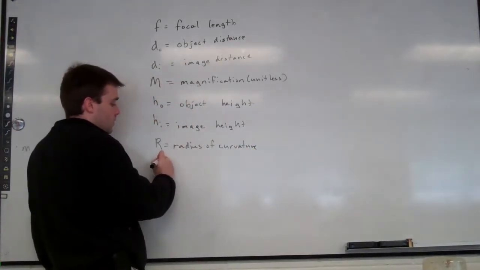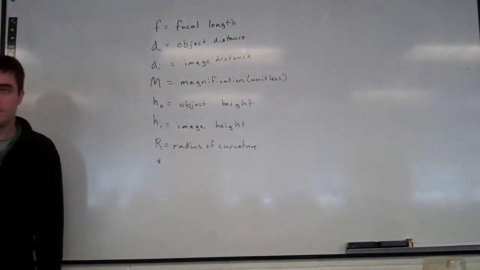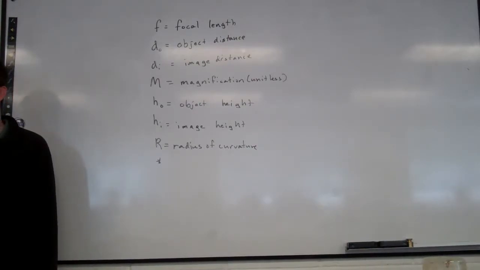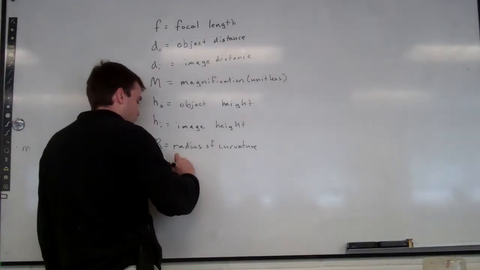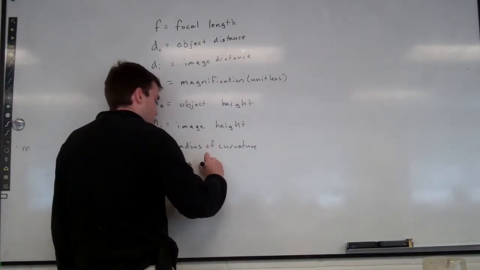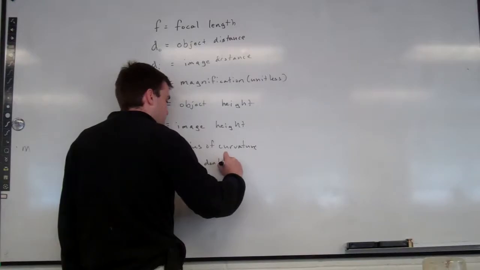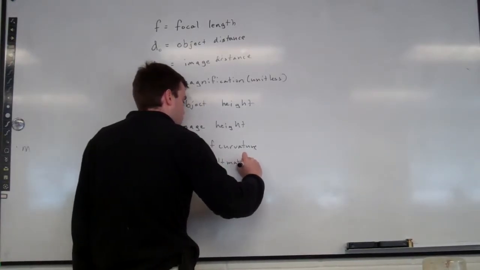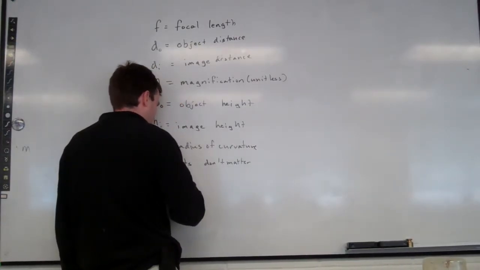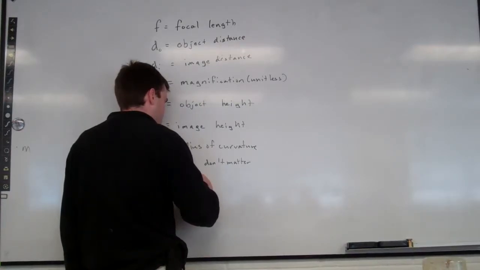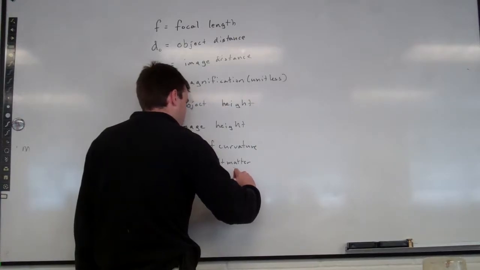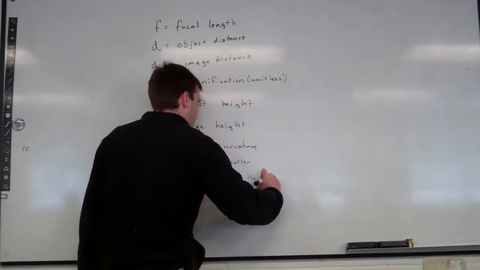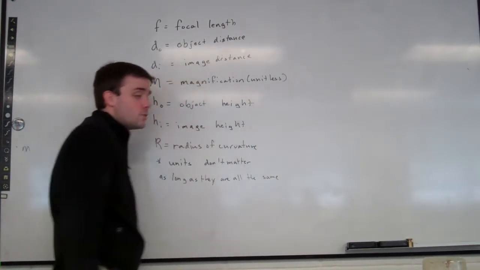One important thing to note is that it doesn't matter what the units are, so you don't need to convert centimeters to meters as long as they're all the same. That's only for these equations.